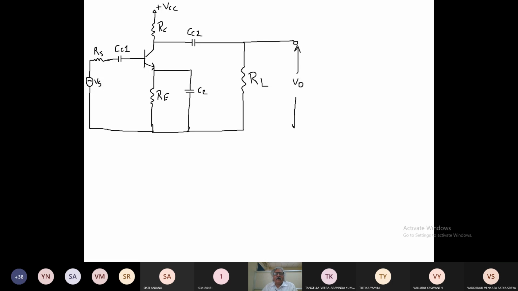So this is the general diagram for an amplifier circuit. Okay, so in this circuit CC1 and CC2 are coupling capacitors, and CE is the bypass capacitor.